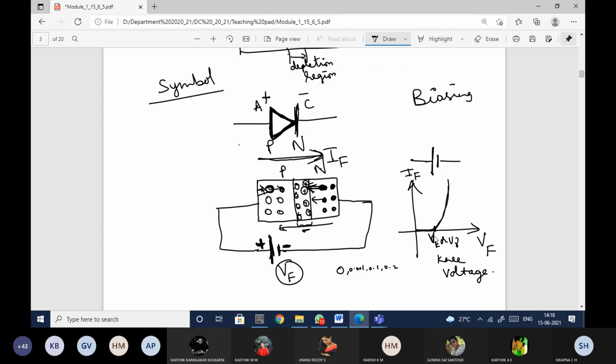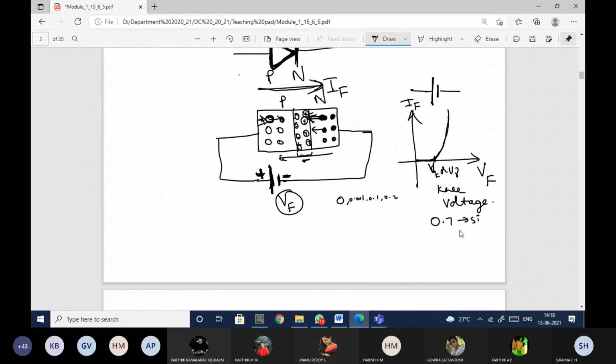This knee voltage will be 0.7 for silicon. Generally, semiconductor diodes are made up of silicon or germanium, because even in germanium the outermost shell consists of only 4 electrons. That is the reason germanium and silicon are considered semiconductor materials. To these semiconductor materials we dope trivalent or pentavalent atoms to make extrinsic semiconductors.